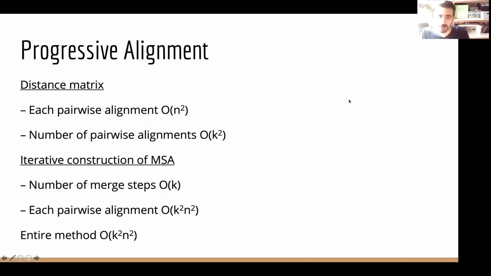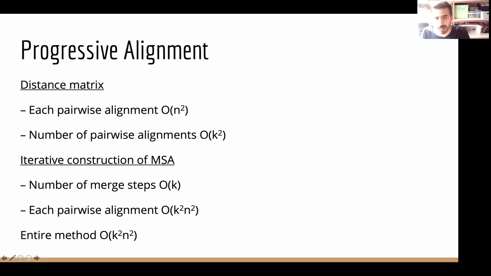And one option is called progressive alignment. Basically, in progressive alignment, you generate a distance matrix first, and then you do pairwise sequence alignment, and then you merge your pairwise sequence alignments. So imagine the complexity now. The complexity was n to the power k, whatever. So it was k to the power k, that's why it was highly complex.